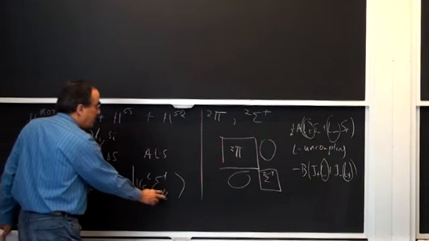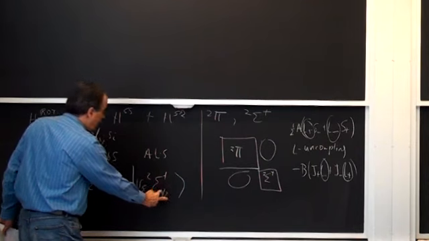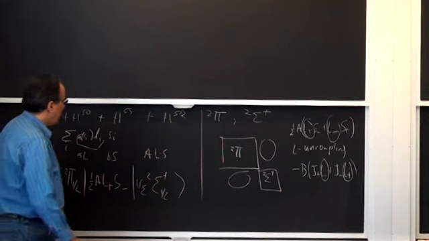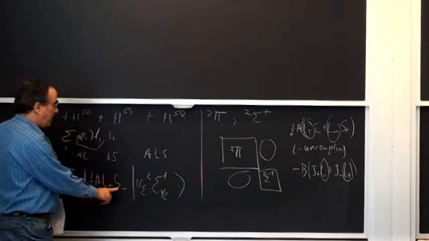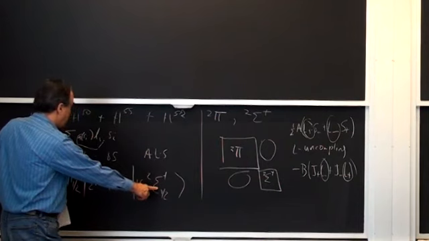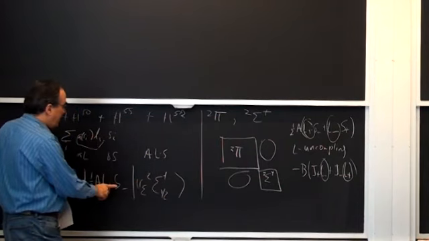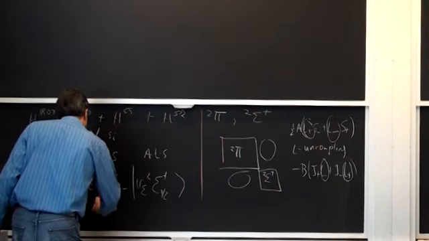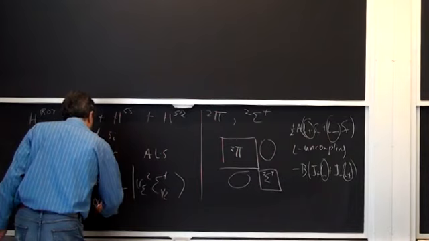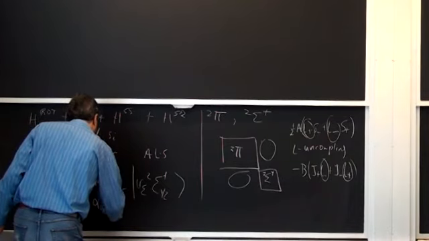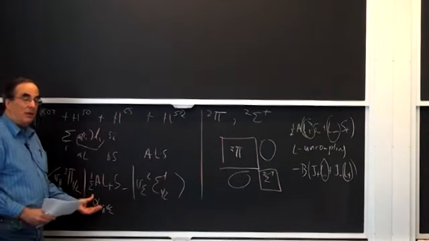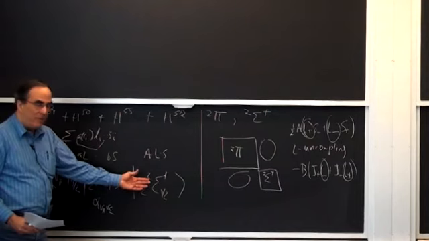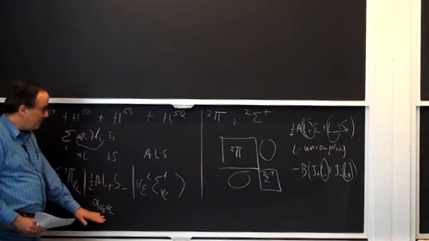S minus lowers sigma from 1/2 to -1/2. And so we can evaluate the effect of S minus on these basis functions, but we can't evaluate the effect of L plus. And so what we end up doing is just saying we're going to call this alpha V pi V sigma, where this is just an unevaluated constant that expresses the spin orbit interaction between a doublet pi and a doublet sigma.